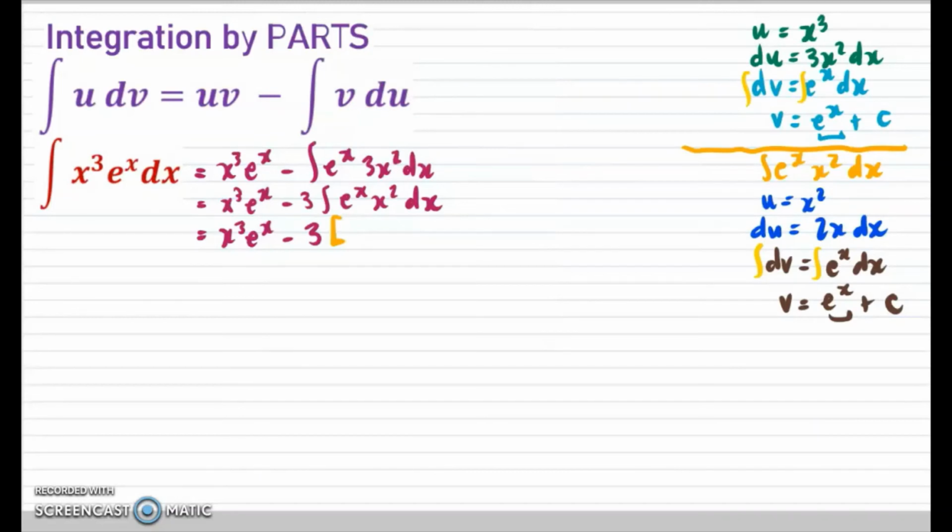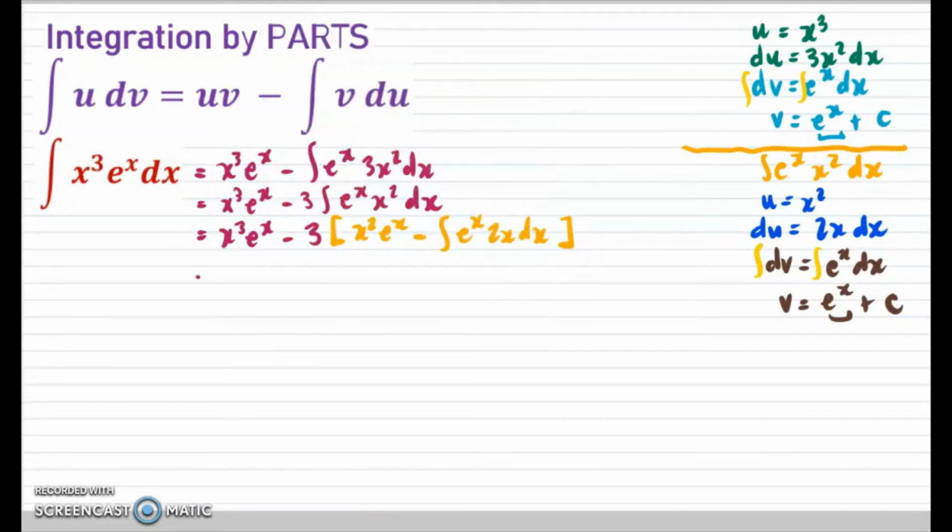We have u, which is x squared, v is e raised to x, and then minus the integral v du. So v again is e raised to x, our du in this case is 2x dx. There. And then we simplify this.